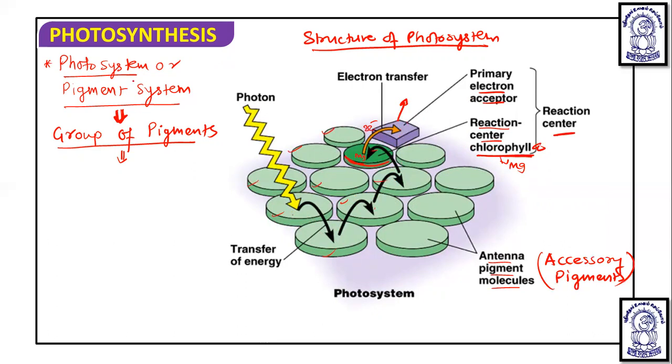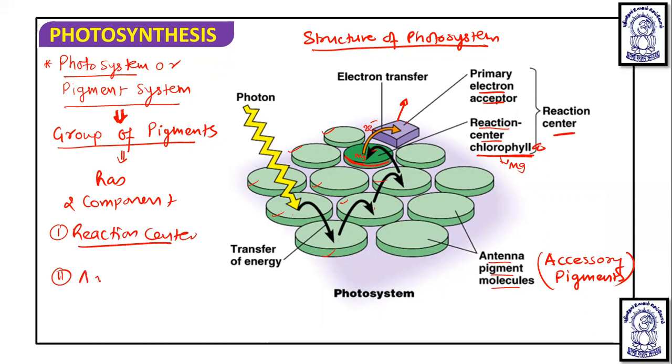So this group of pigments, or photosystem, has two components. One is the reaction center, that is chlorophyll A, and another is the antenna molecule.